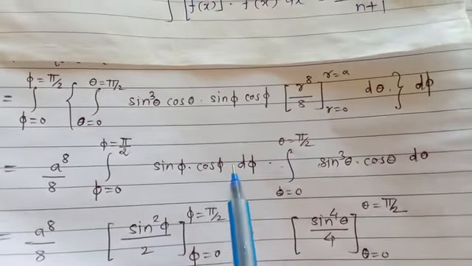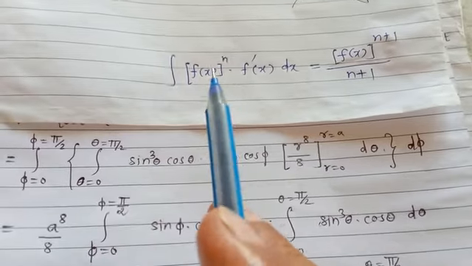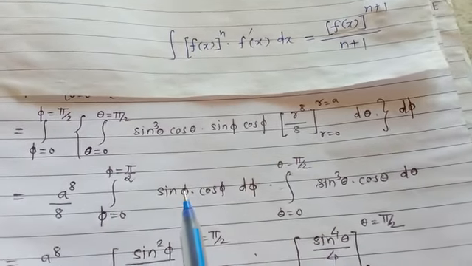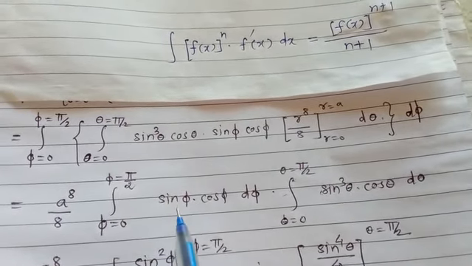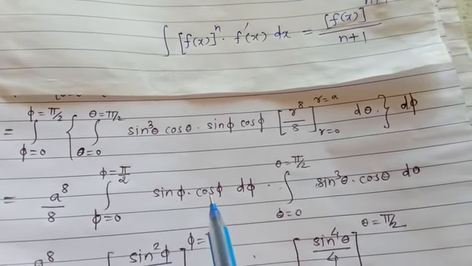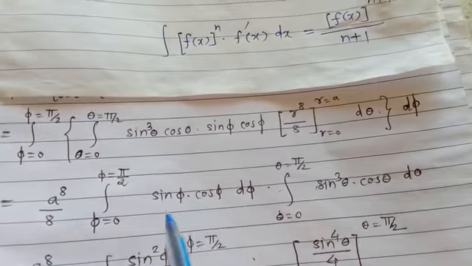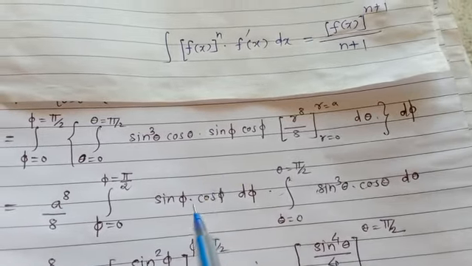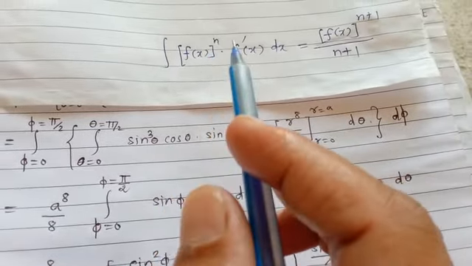So if I use this formula, we can consider sin phi as f(x), and its derivative is cos phi, so this fits into that format.